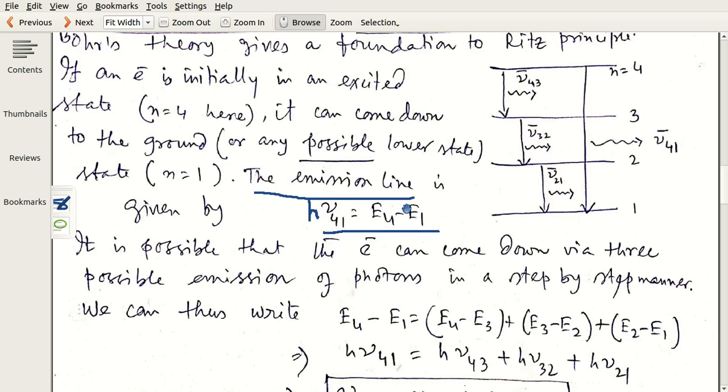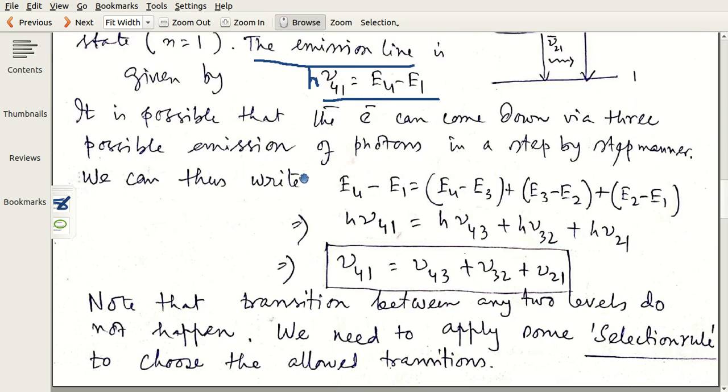Now note that in most of the books you will find 3 levels, 1, 2, 3, and it will be given like E31 equals E32 plus E21 in this way. But actually take a note of it that transition between any 2 levels, any 2 states, is not always possible.